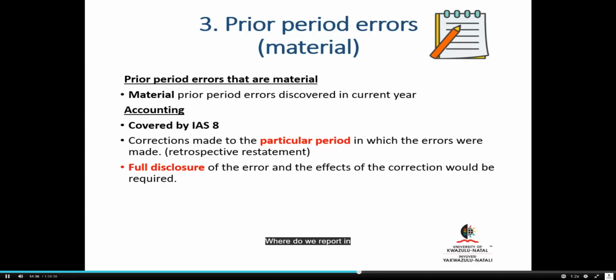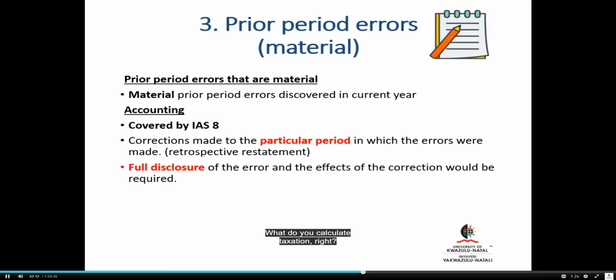Where do we report in our financial statements the profitability or lack of profitability of the previous years? Statement of comprehensive income. Interestingly that you mentioned it, the statement of comprehensive income shows profitability for the current year. Now, in your same line of thought, once you've calculated your profit before tax, what do you deduct from your profit before tax?